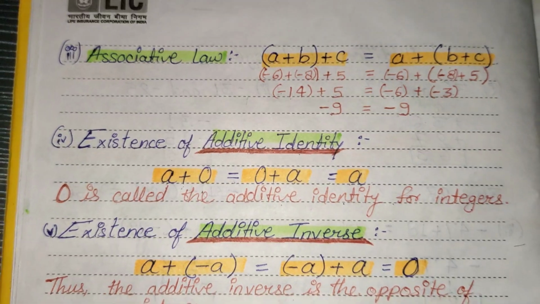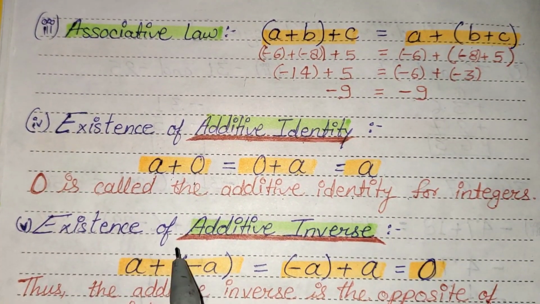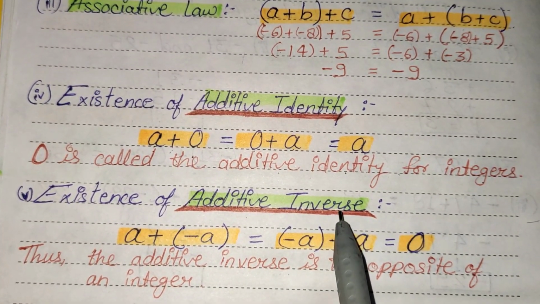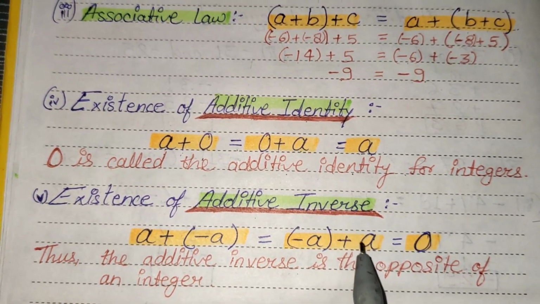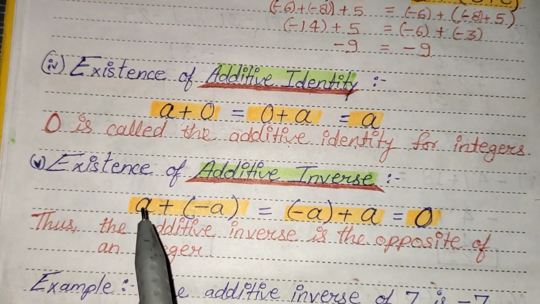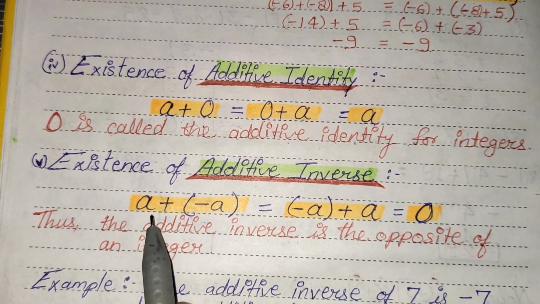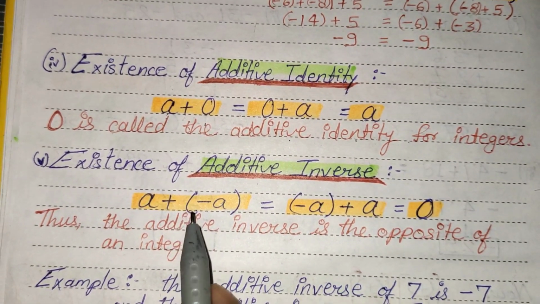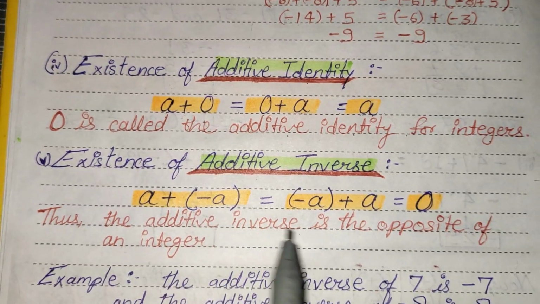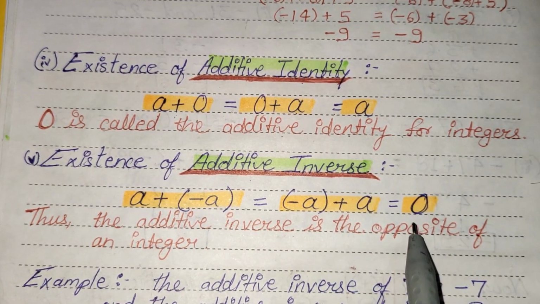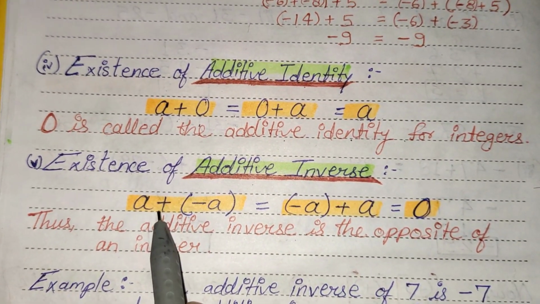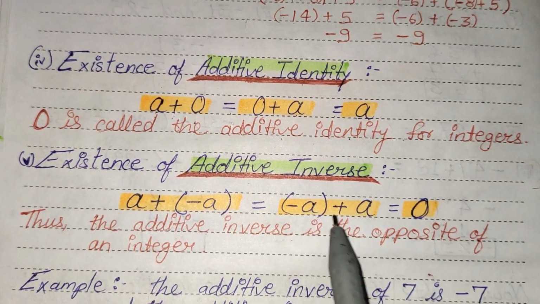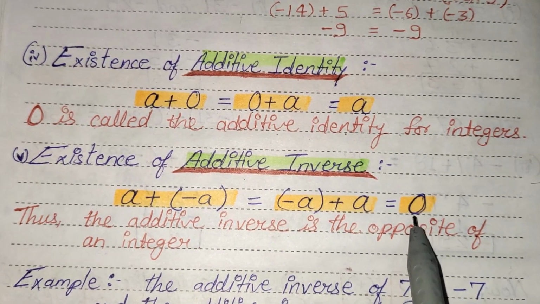Now moving on, the fifth part, existence of additive inverse. Additive inverse, what does it mean? Inverse means the opposite of the integer. If we add the opposite of an integer, we will get 0 as a result. As we can see, a plus minus a, or minus a plus a, equals 0.